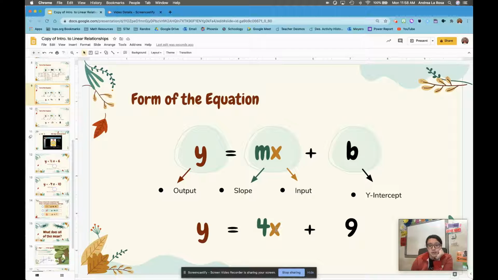My x, my input, is always just going to be straight x like that. And then my y-intercept is that whole plus 9. Whatever sign, addition or subtraction, is in front of that y-intercept goes with it, just like when we're combining like terms. If there's an addition or subtraction in front of a number, it goes with the number behind it.